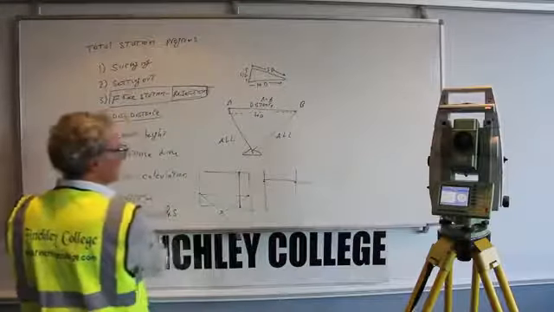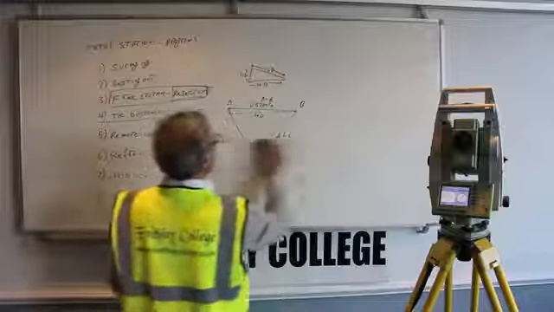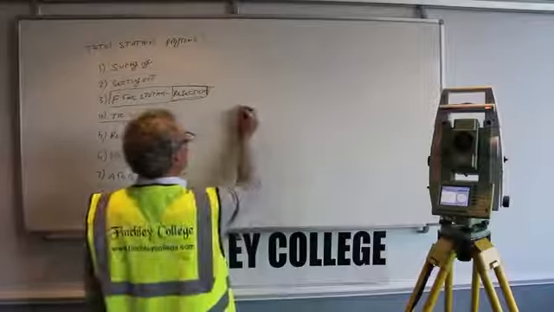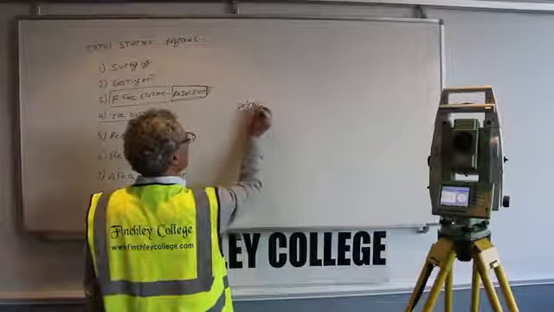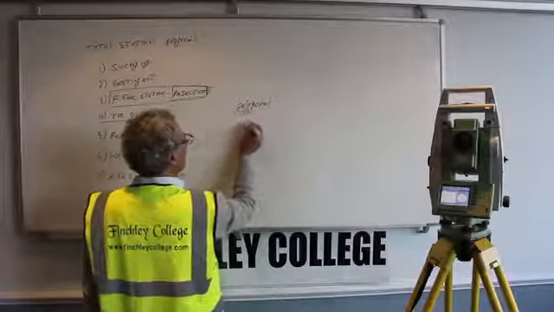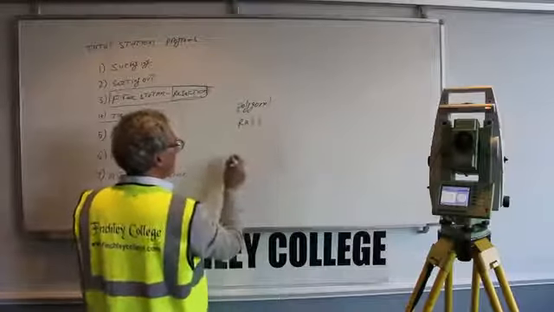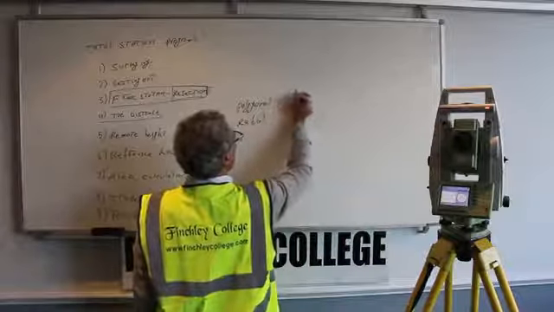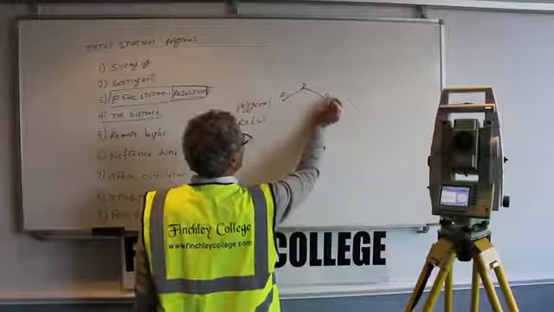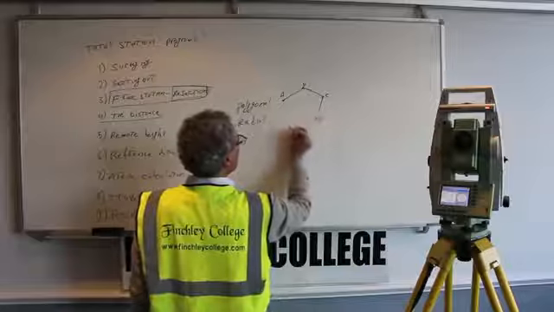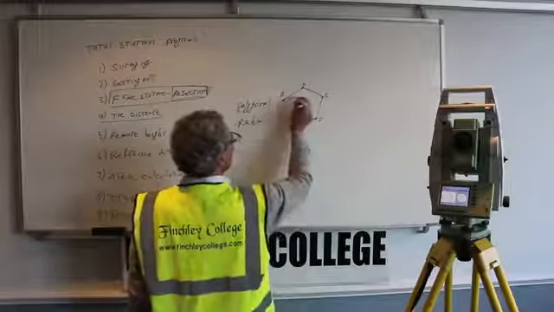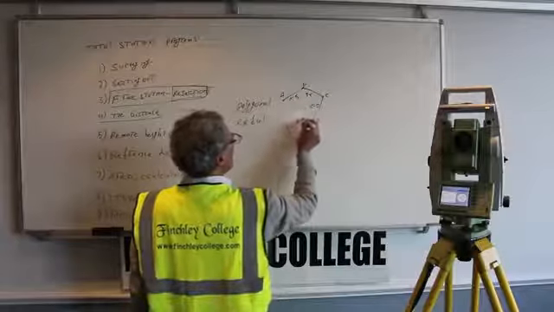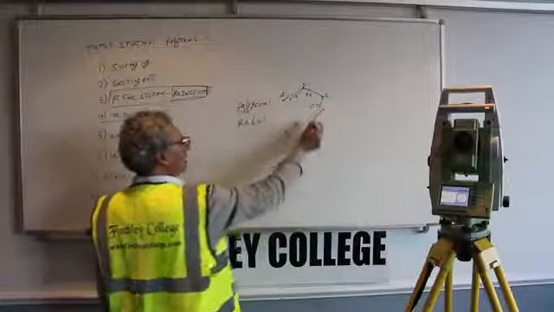The tie distance program, you can do that in two ways. You've got polygonal or radial. With the polygonal, you go from A, you measure the distance from A to B, and then B to C, then C to D, then D to E. So you're measuring A to B, B to C, C to D, D to E. This is advantageous if you want to go around a perimeter.